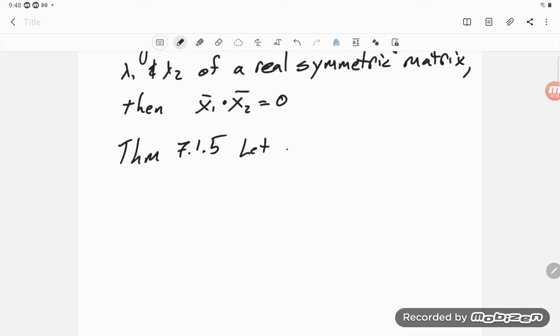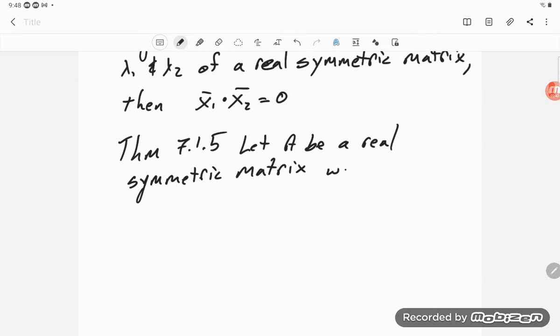So, you know, let A be a real symmetric matrix. So I don't care what its dimension is. So it's a real symmetric matrix with distinct eigenvalues lambda 1, lambda 2.